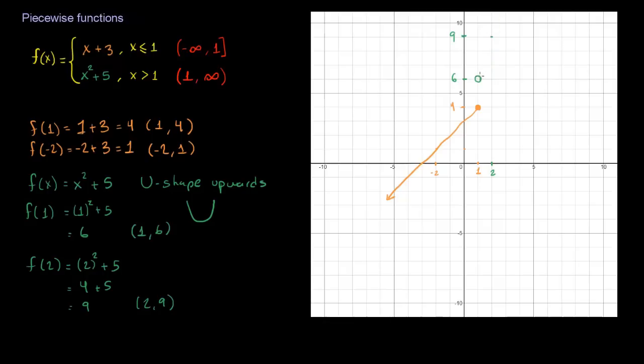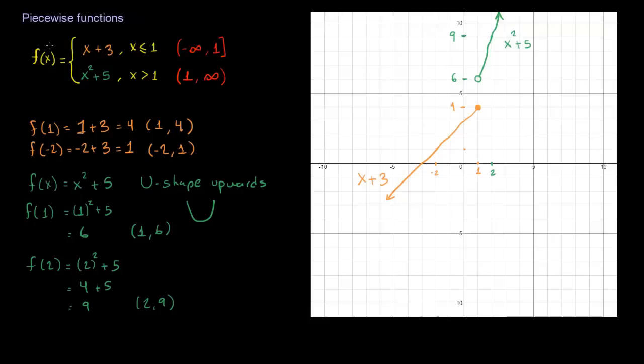Like this. Well, I think that's the best I can do. This would be f of x. I'm going to write the pieces here: x squared plus 5, and the other one would be x plus 3, and that would be basically it.